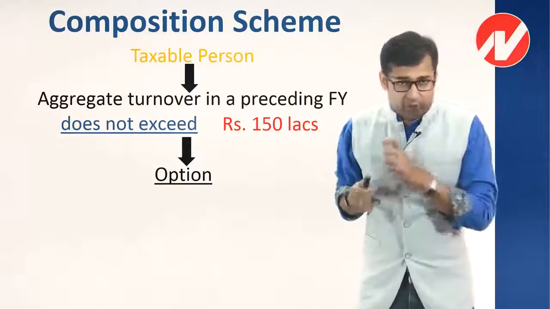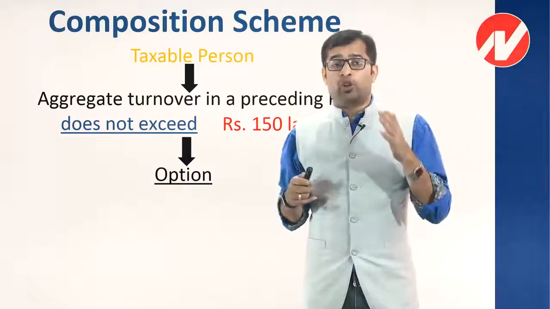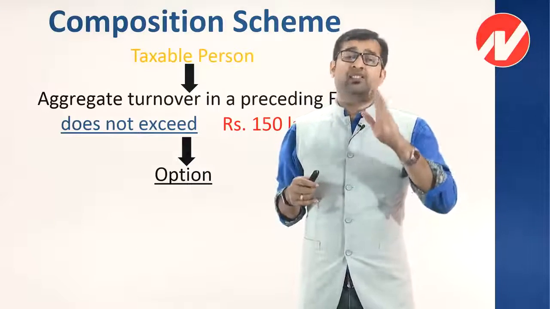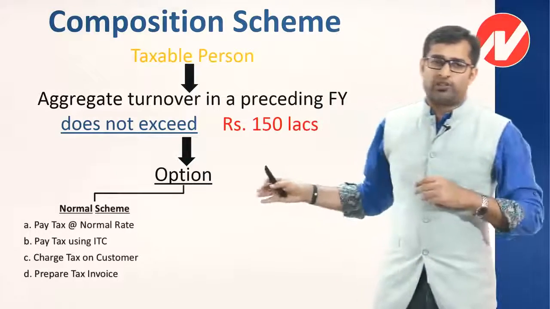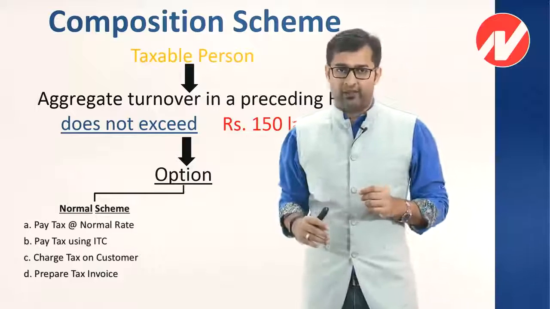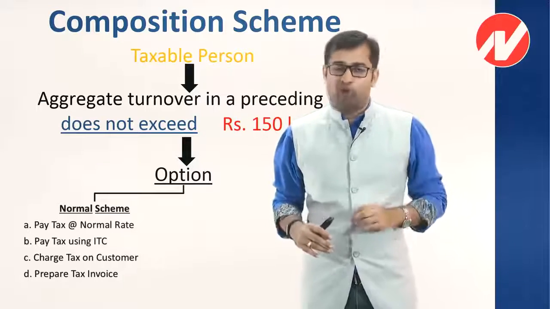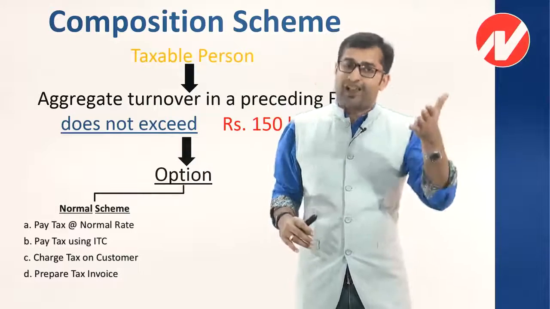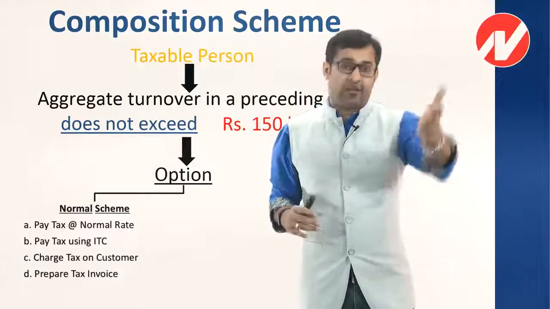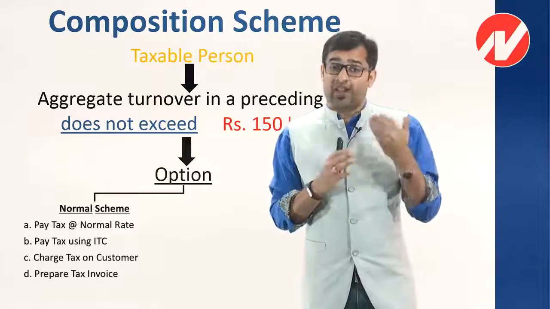One of the first points is, let's say first we analyze not following composition scheme. If we don't follow composition scheme, we need to consider 4 aspects. Number one, we have to pay tax at a normal rate. And what is the normal rate? 0%, 5%, 12%, 18% and 28% depending on the product in which I am dealing.